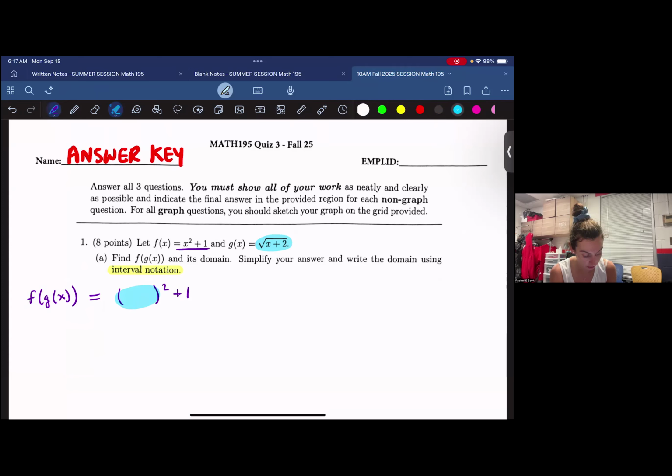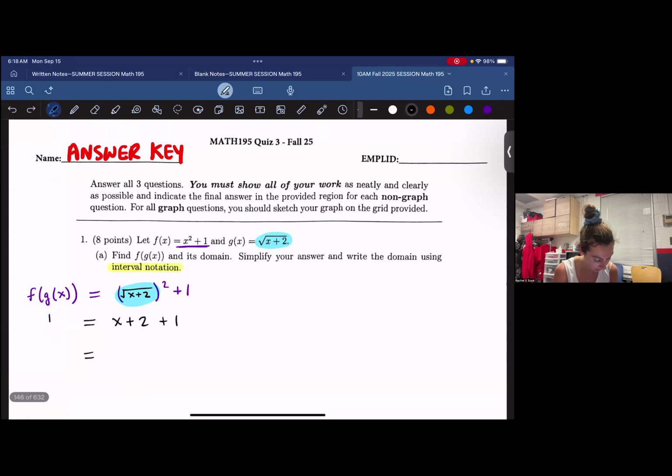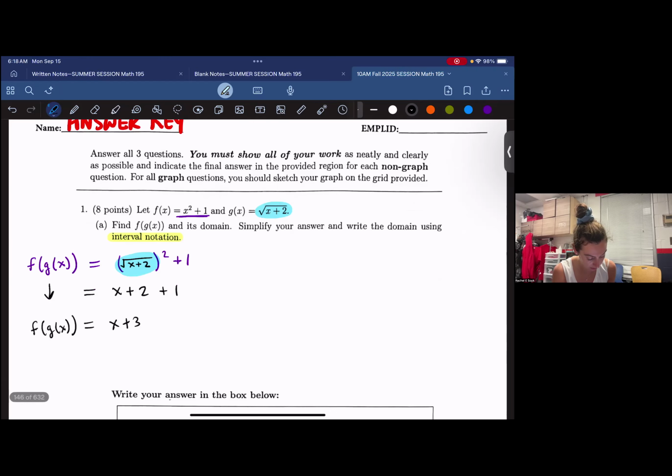So inside those parentheses, we have our square root of x plus 2. And that's it. Now you just have to simplify. So square root of anything squared is just what's inside. So we get x plus 2 plus 1, combine some like terms, and you get your f of g of x to be x plus 3. And we're done. So that's the first part of this question, finding that composition.